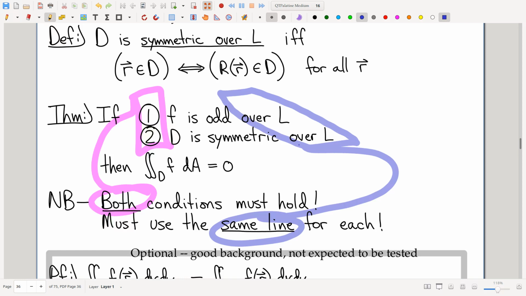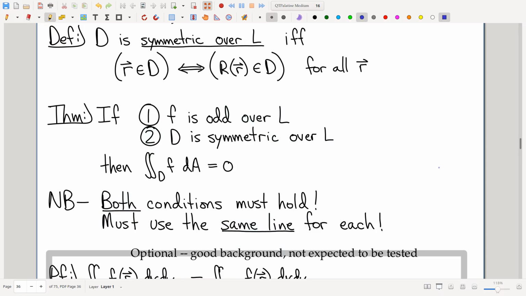If your function is odd over one line, but your domain is symmetric over a different line, it doesn't work. There is no symmetry theorem. Crash and burn. Not even close. So, a very critical little, I don't want to call it an asterisk, but it's an easily overlooked requirement that leads to catastrophe. So do be careful about those.